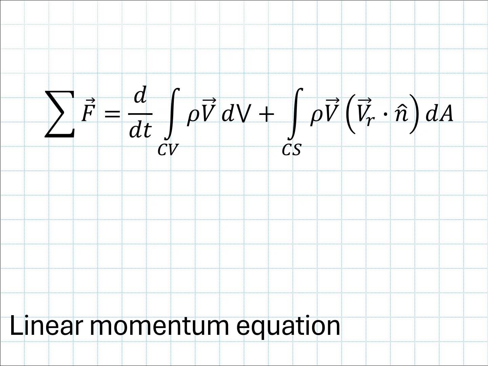So we can notice that there are some similarities to other conservation laws that we have applied, like to mass and energy. For instance, on the right-hand side of this equation, we have two terms. The first one is our time rate change of linear momentum in the control volume.